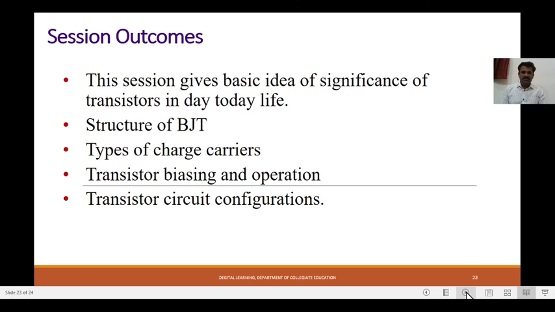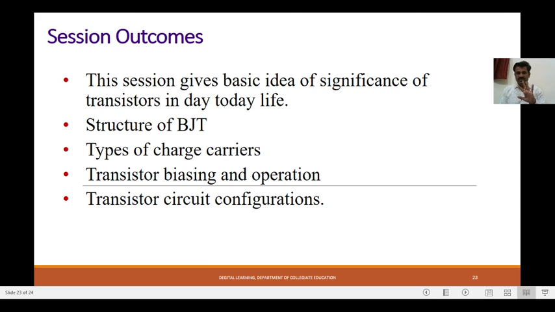In this session we have studied the basic idea of the significance of the transistor in day-to-day life, the structure of a bipolar junction transistor, types of charge carriers, electrons and holes, transistor biasing and operation, and transistor circuit configurations. These are some of the outcomes from this session.